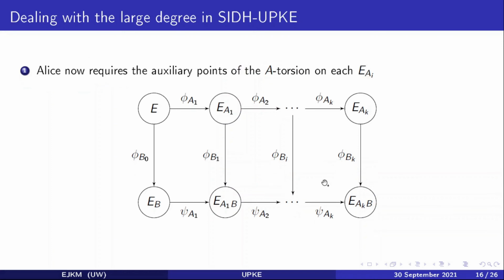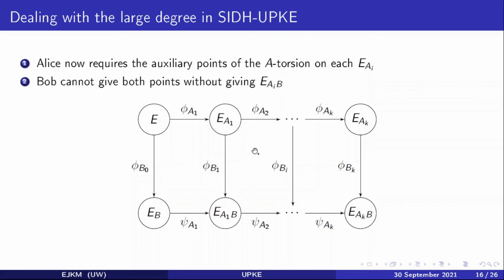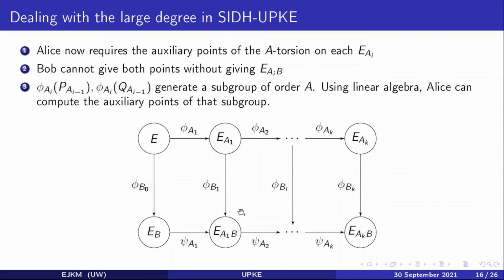However, Alice now requires the auxiliary point on every single intermediate curve in order to continue with the SIDH exchange. On the other hand, Bob cannot simply give both points because giving those 2 points would also just give the intermediate secrets. So how do we deal with that?